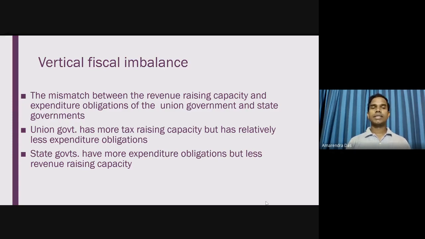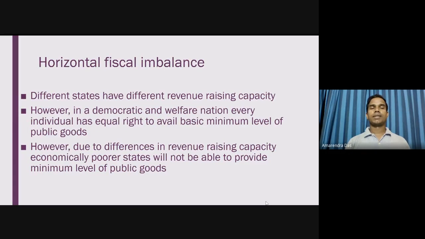So then we should know the horizontal fiscal imbalance. Now, in horizontal fiscal imbalance, we discuss the mismatch in revenue raising capacity and expenditure obligation of the states. And we observe that some states have more revenue raising capacity than the others.